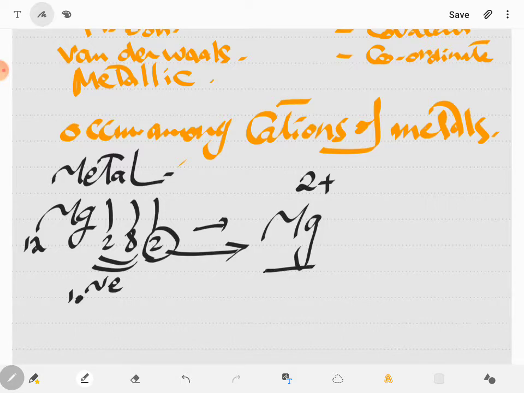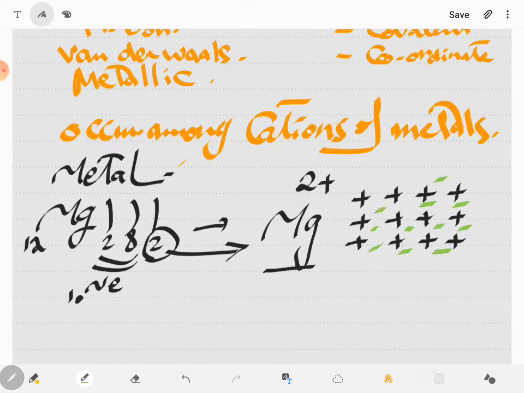This cation in a metal is arranged in a shape like a lattice, like this. And where is the electron gone? The electron is still here, but unbound. It's free, delocalized, free movement.